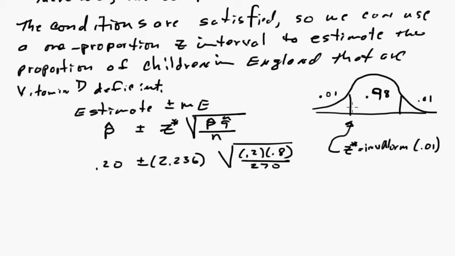We're actually further out than we normally are. And so if you do this computation, you get a confidence interval. You might get used to doing this with the calculator, but your confidence interval should be 18.2% to 21.8%.